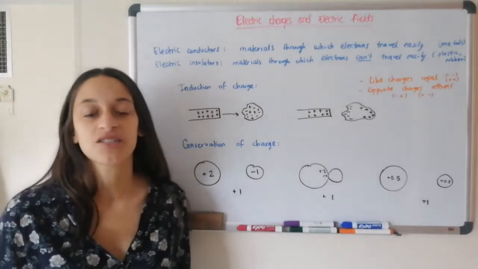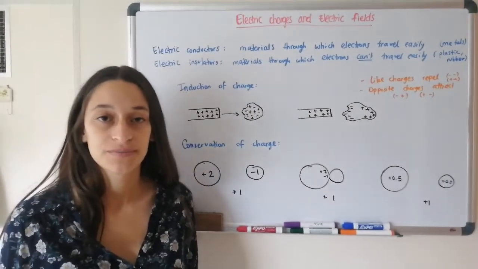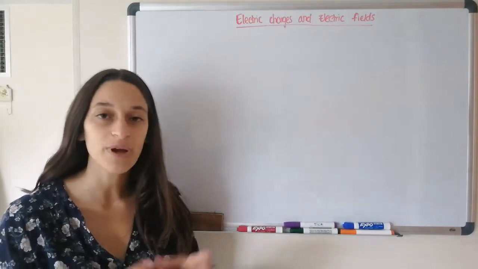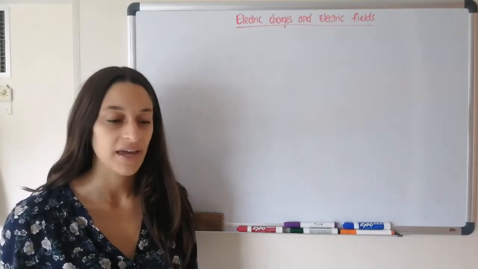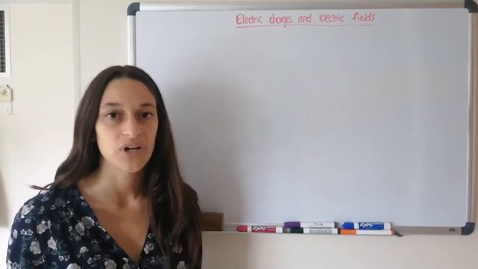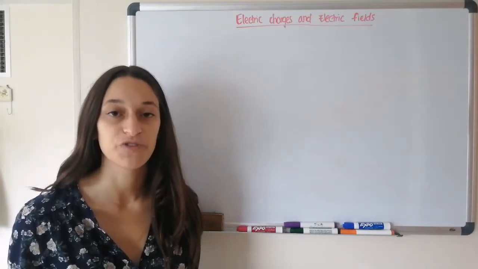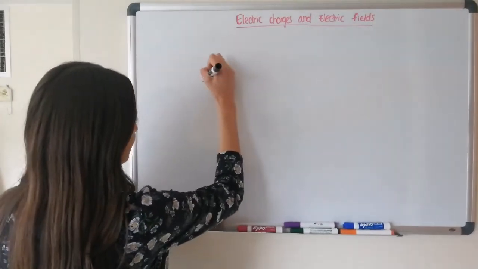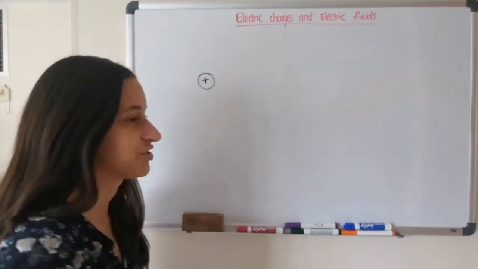Now let's talk about electric fields. Any charge, either positive or negative, has around it an electric field. An electric field means an area around a charge where other charges will feel a force. So let's say you have a positive charge in space and nothing else, just a positive charge.